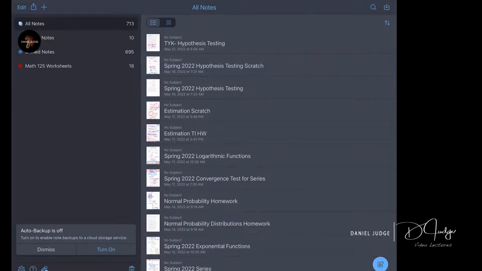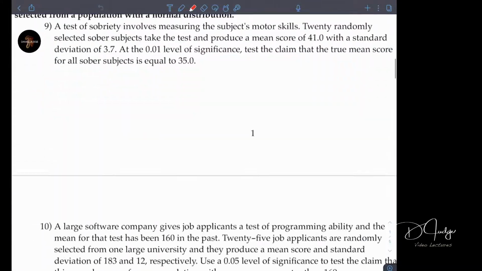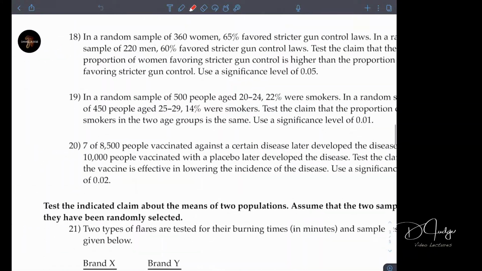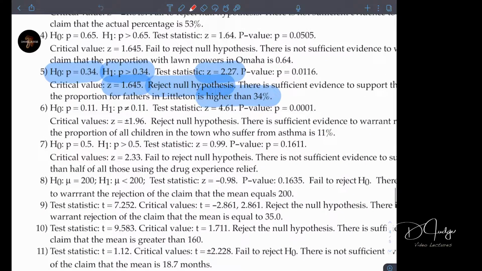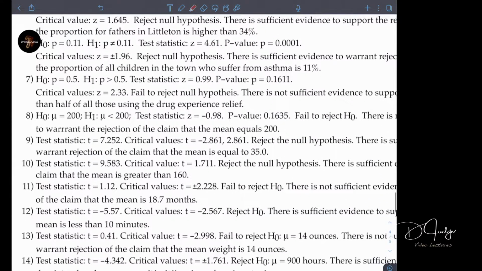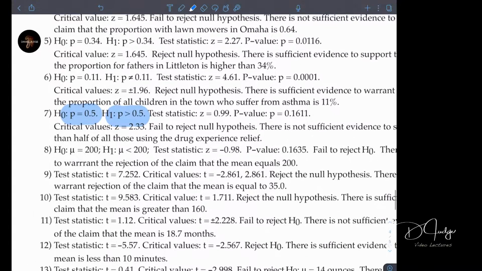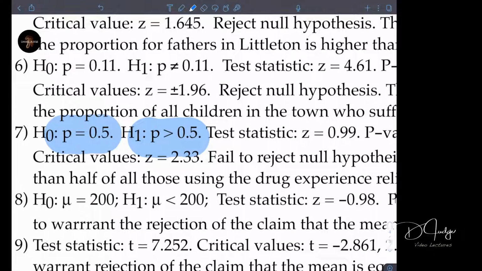Now, let's see what the solution says here for number 7. See if we have the same kinds of things. The null hypothesis and then the alternate that's greater than 50%. Yeah, but remember, they got lazy with the symbol. They should put less than or equal. Because they have the equal there, they just put that as an equal.